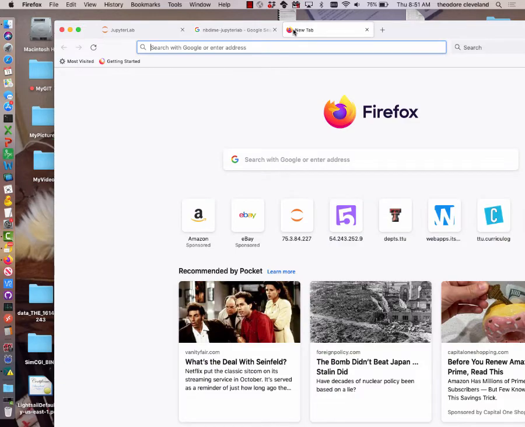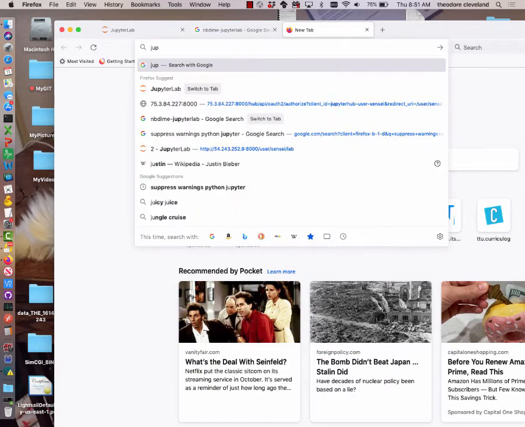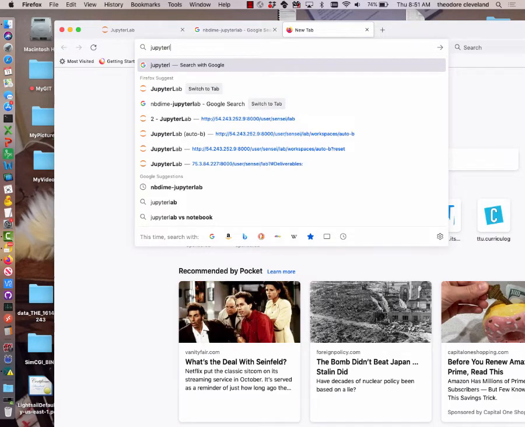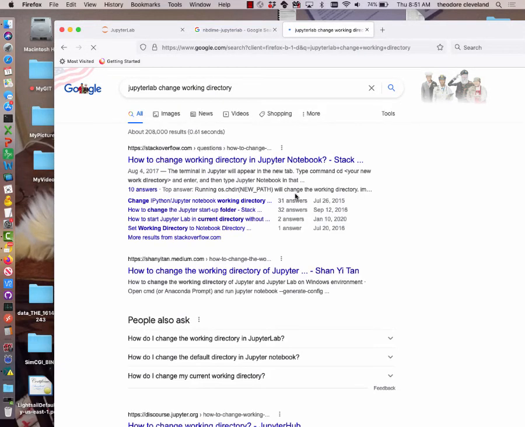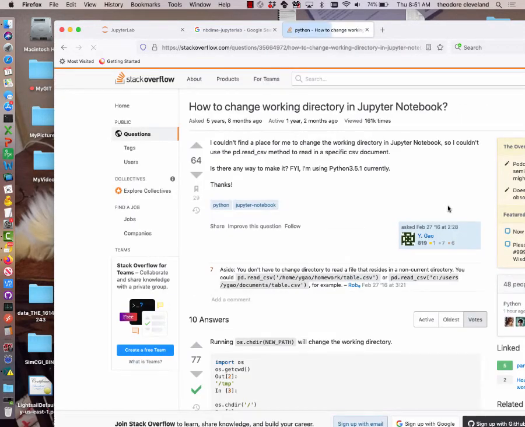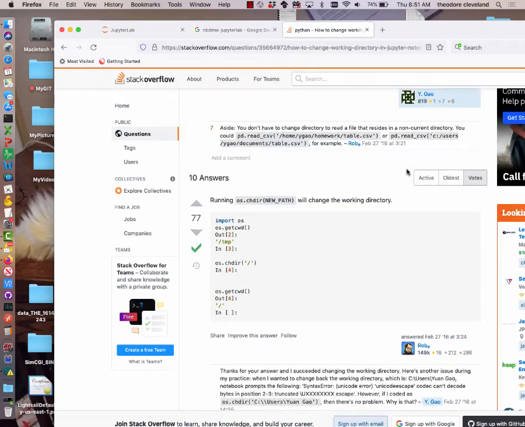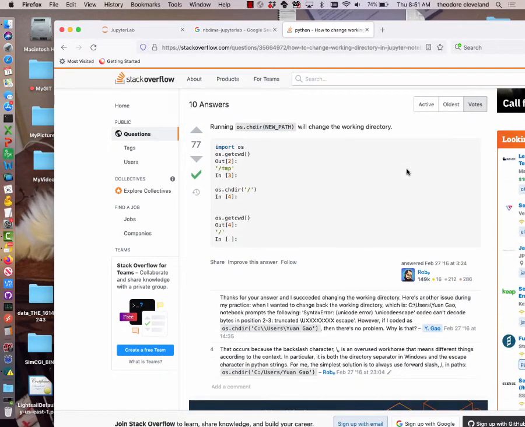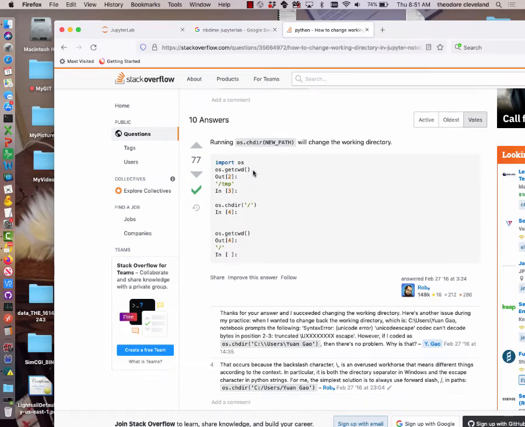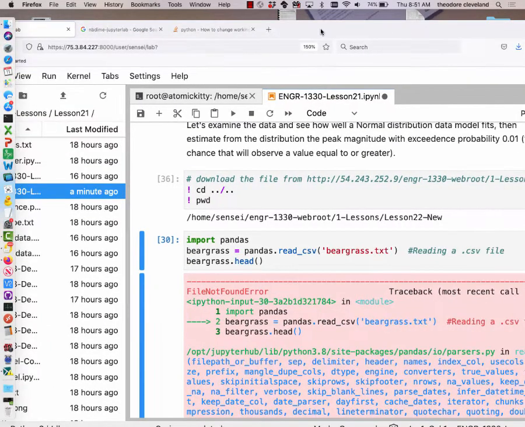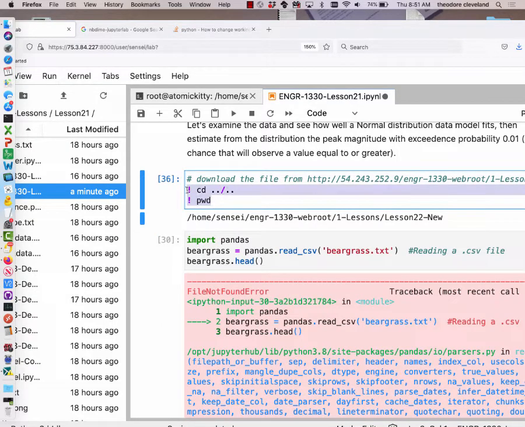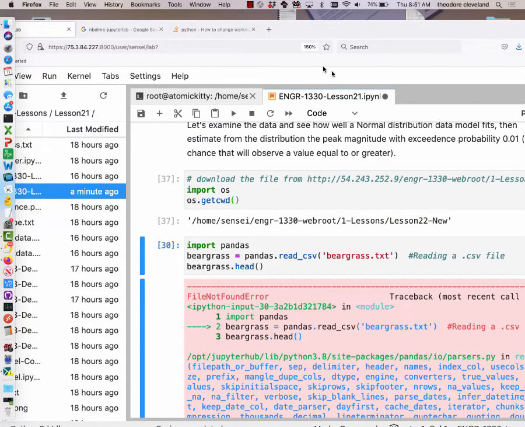Okay, let's see, this is Jupyter. I do not know why it's not functioning right now. We're going to go with it's a piece of crap. Okay, so that gets me in, and how do we change?